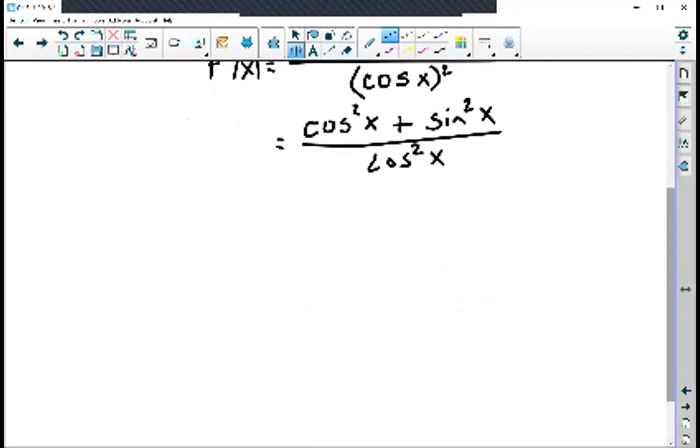And what is cosine squared plus sine squared? One, yep, one.